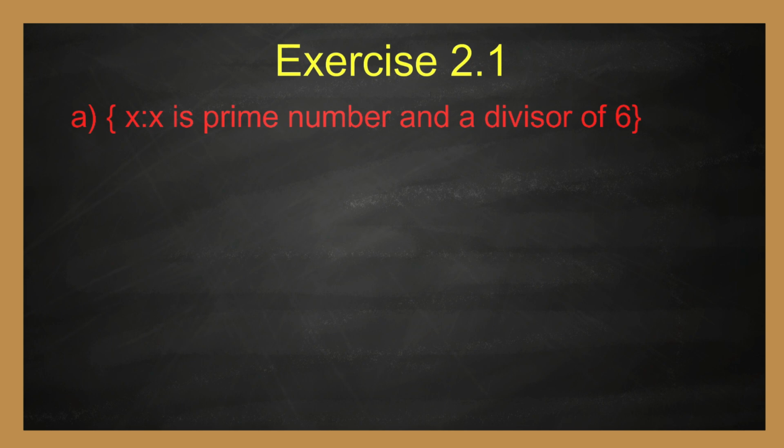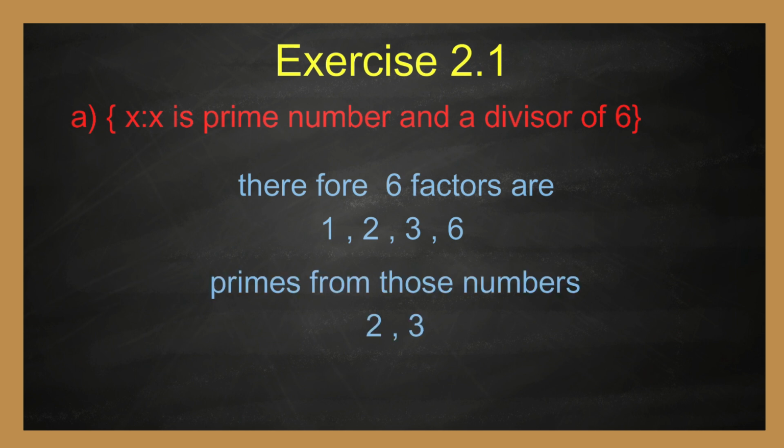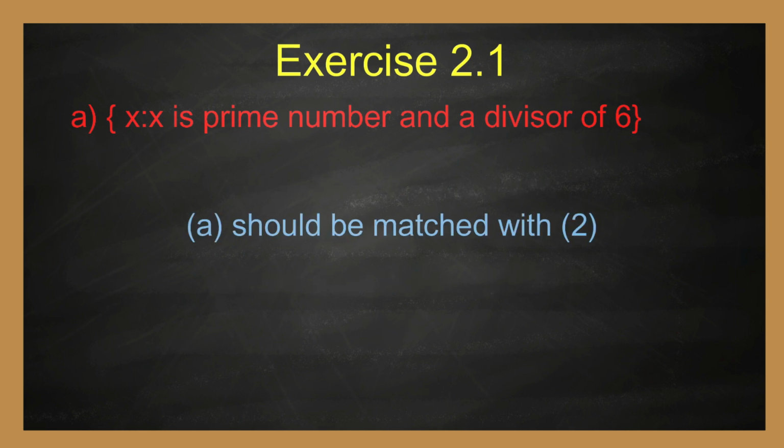You should know the factors of 6 first. 1 times 6 is 6, 2 times 3 is 6. So 1, 2, 3, 6 are factors of 6. In that, prime numbers are 2 and 3. Therefore, A should be matched with the second one.